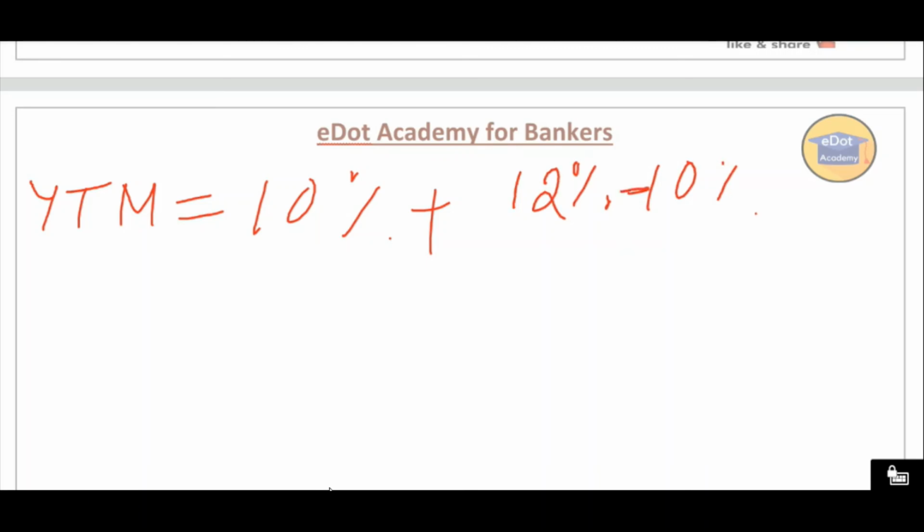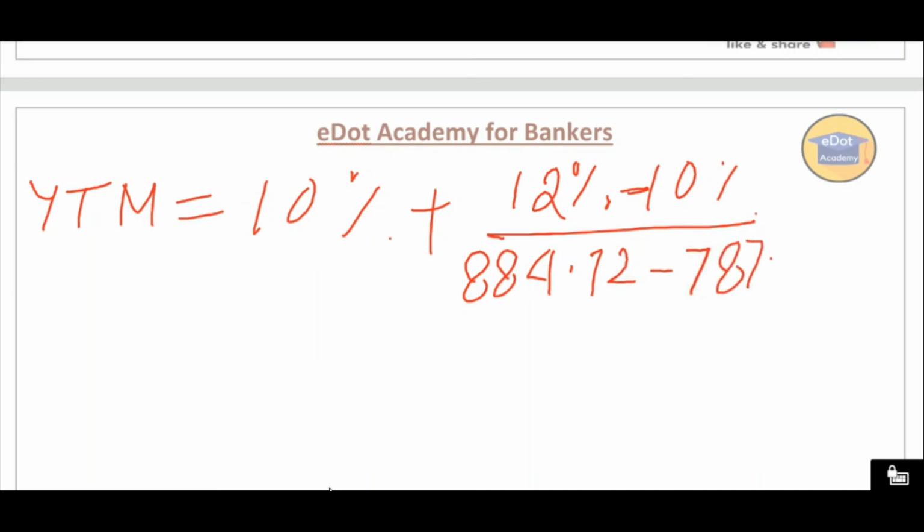This is the value. Then for 10% how much value did we get? For 10% we got 884.72 minus 787.24. I have taken 10% first because this value is greater. For 10% I have taken this value, for 12% I have taken this value.